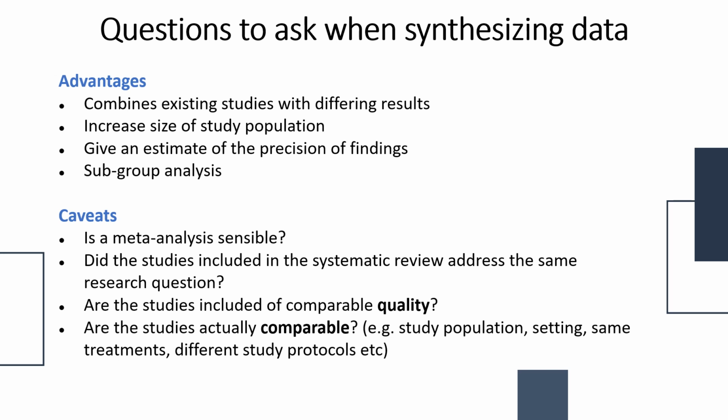And are they actually comparable? Did they test the same population? Did they look at the same setting? Did they offer the same treatments? Or were there different study protocols, which may mean that you shouldn't be combining the studies? In that sense, sometimes a narrative or a simple literature review is more powerful than trying to combine the results.